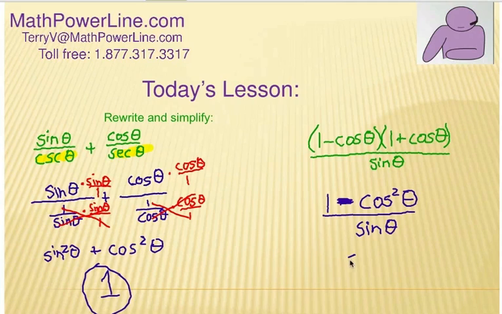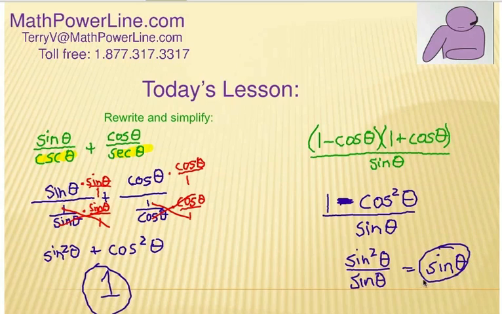So on the top, we're going to have sine squared theta over sine theta. And remember the way that we label this, we put the exponent by the sine word for that function. It's really sine times sine. So when we cancel that out, we're going to have just a single sine factor left over. So this whole thing simplifies to sine theta.